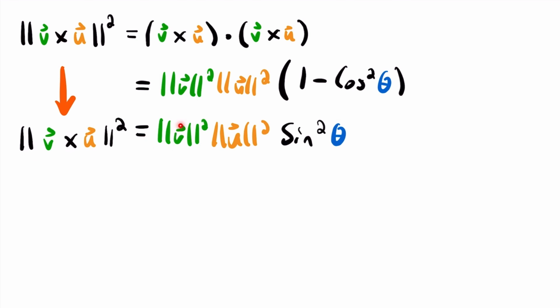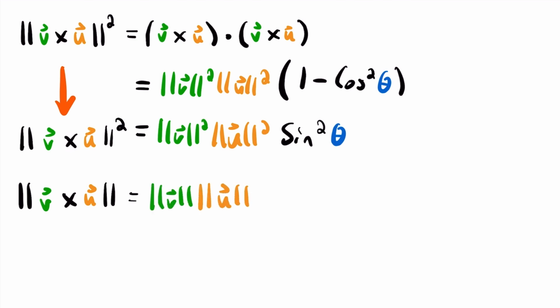So if we take the square root of both sides and solve for the magnitude of the cross product of v and u, we'll have that the magnitude of vector v cross vector u is equal to the magnitude of vector v times the magnitude of vector u times sine of theta. All right, we just took the square root of each of those values, so now they're no longer squared. We just have the magnitude of vector v, the magnitude of vector u, and sine theta, where theta is the angle between vector v and vector u.